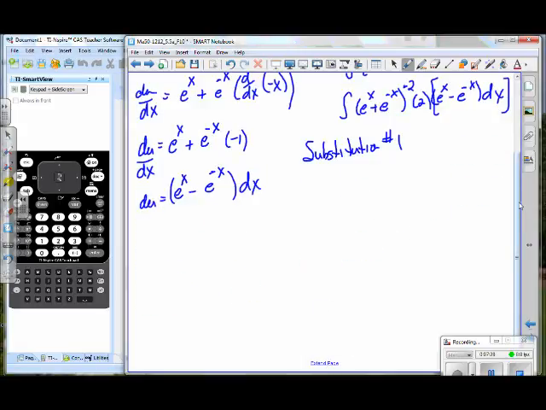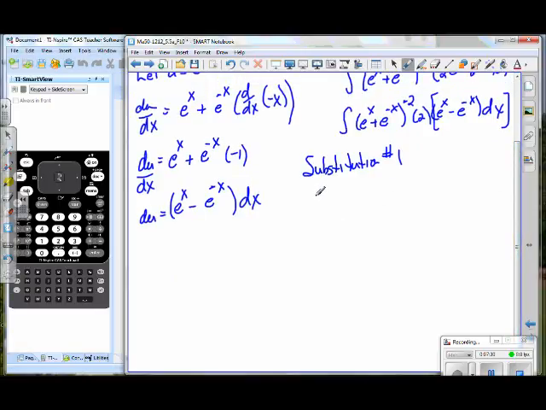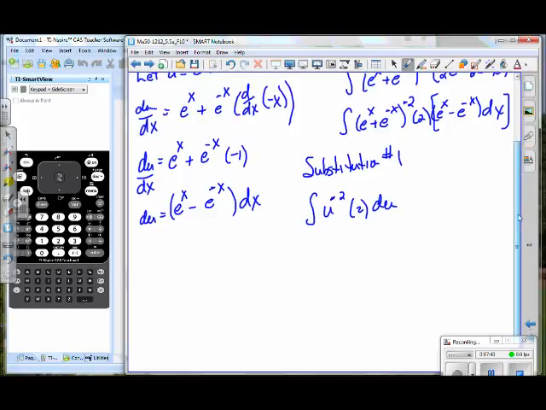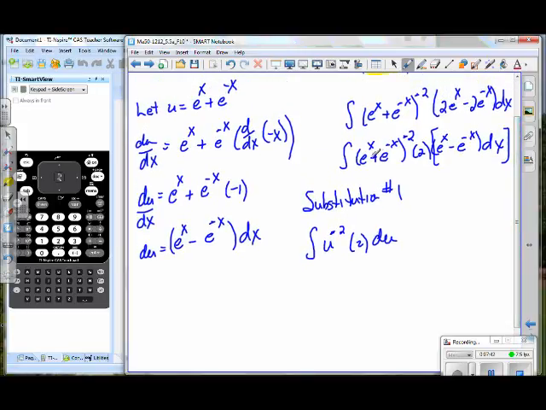In the first substitution, we're going to make this the indefinite integral of u to the -2 times 2 du. u to the -2, because u is this quantity. The 2 we haven't done anything with. It was factored out, and this inside the brackets is what I'm replacing du with.